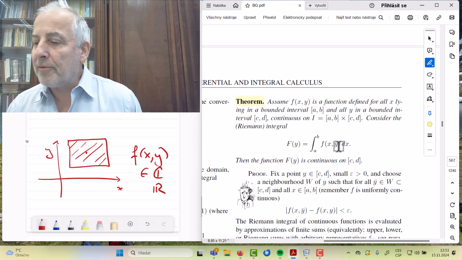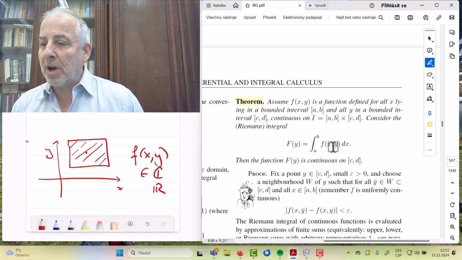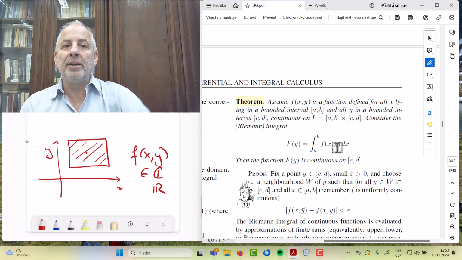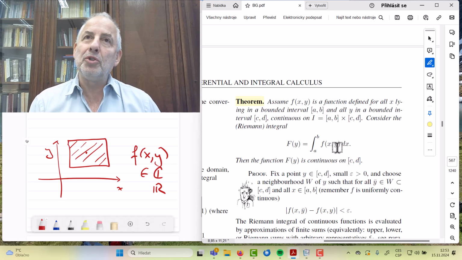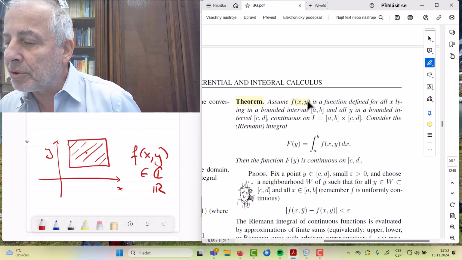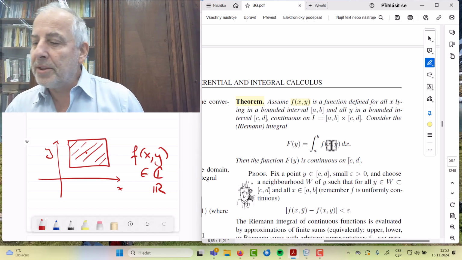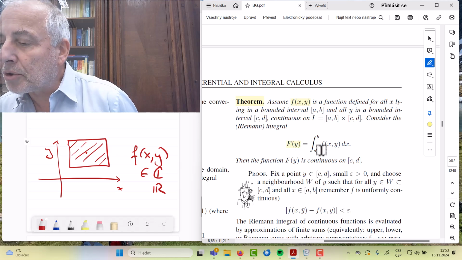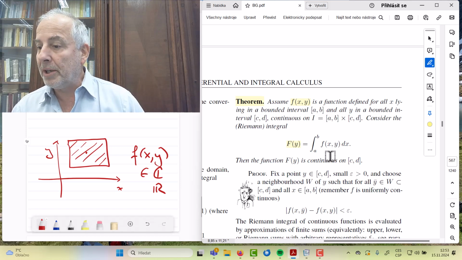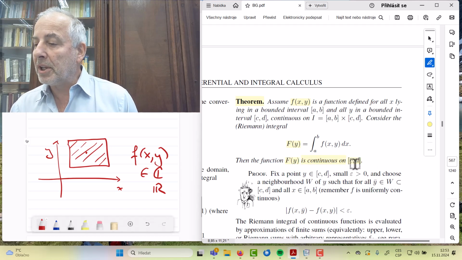If it's uniformly continuous in both the variables, then of course if you write the Riemann sum dependent on y, in all of them you can make the same estimates, which is uniform, and therefore you can show easily that if the function f is continuous in both x and y, our definition is even stronger, then the resulting integral, not only will it be integrable for each y separately, that's something we know already, but also the result will be again continuous on the relevant interval CD.